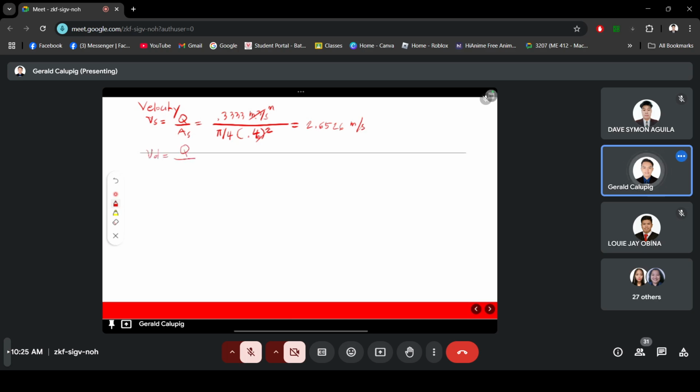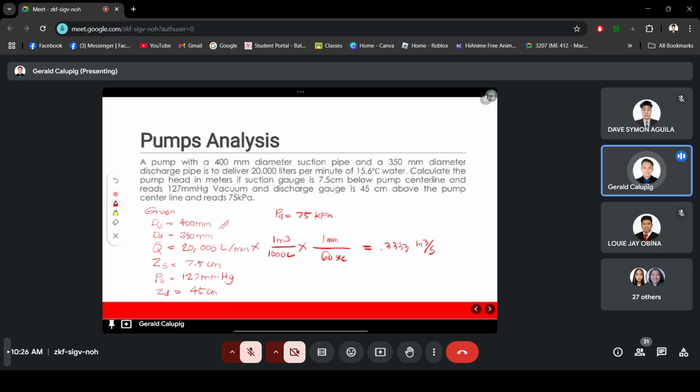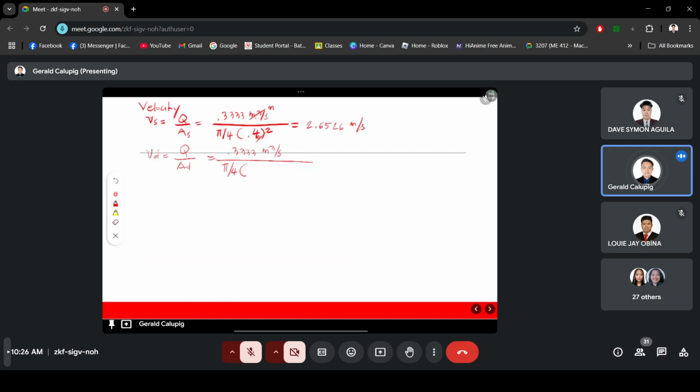Our VD, what is our VD? Q over AD is equal to 0.3333 meter cube per second all over pi over 4 times what is our diameter? 350, or we can have 0.35 meter squared.